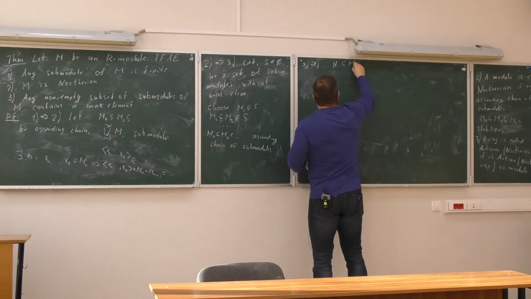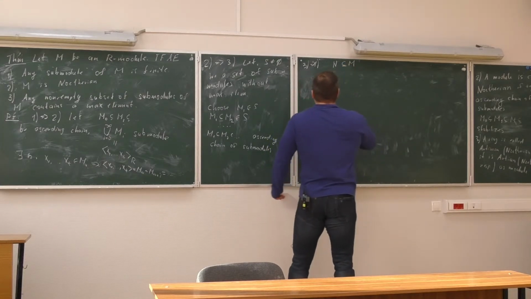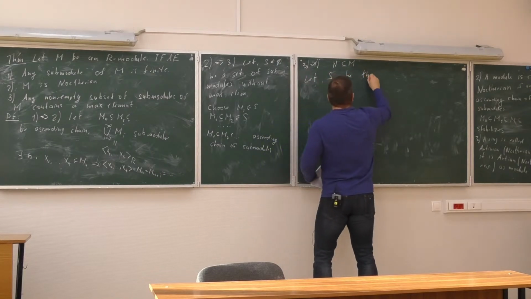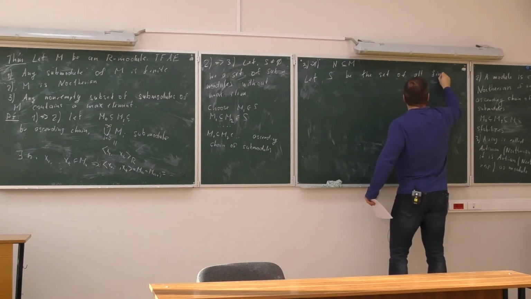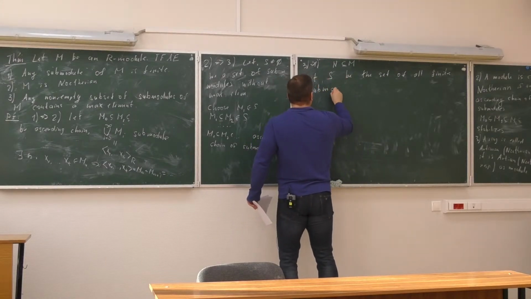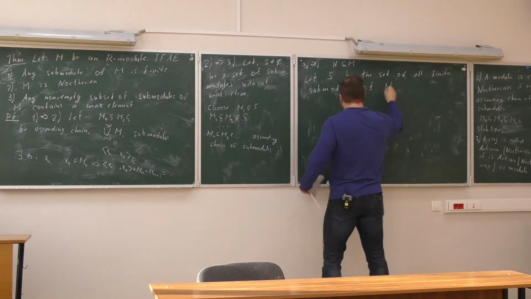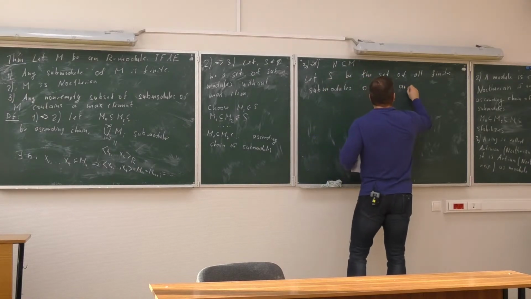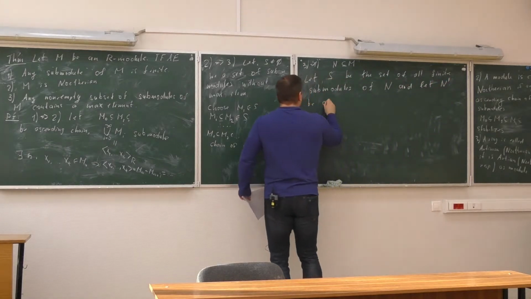So N is a submodule that we consider, or maybe it coincides with the M. Now let S be the set of all finite submodules of the N, and let N prime be a maximal element.